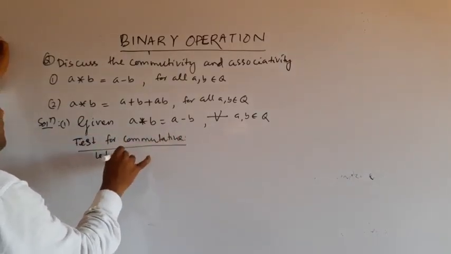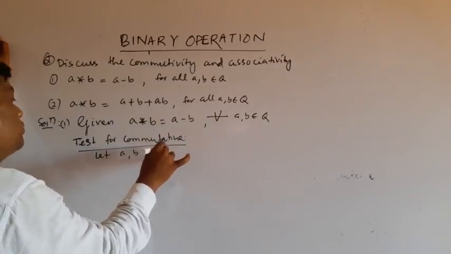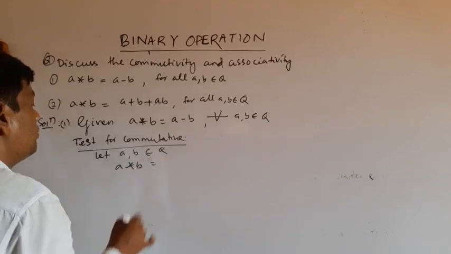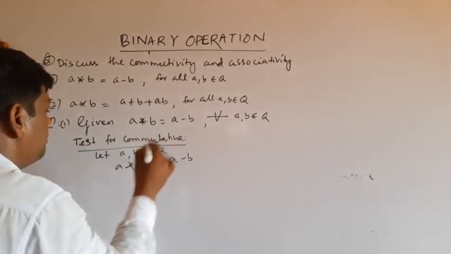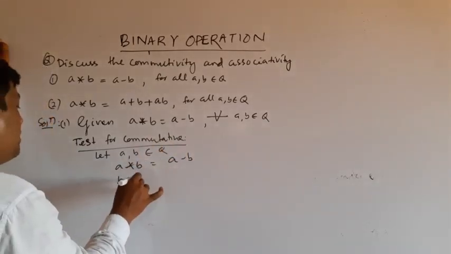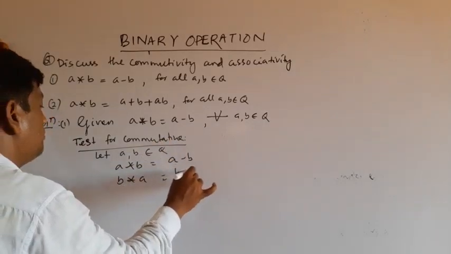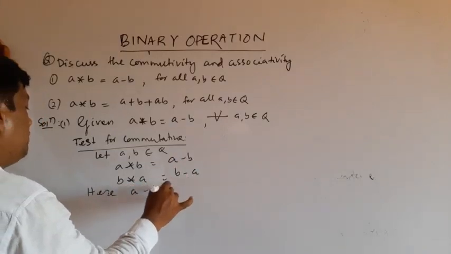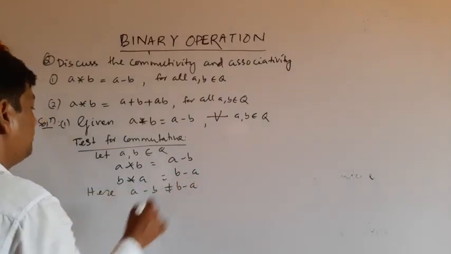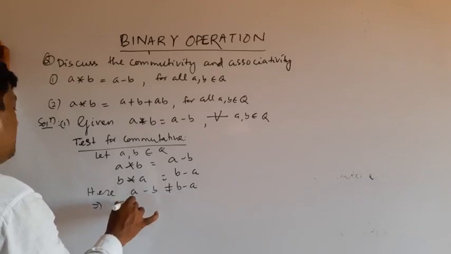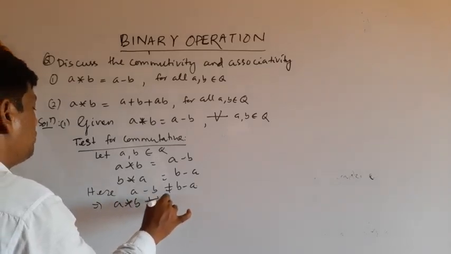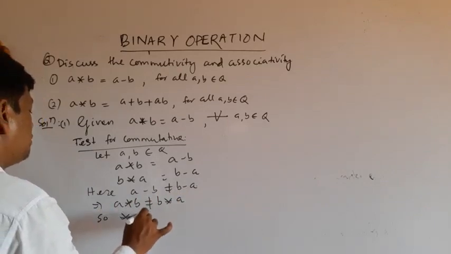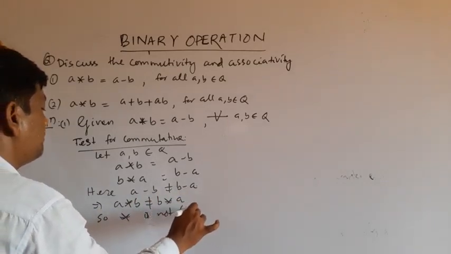Let a, b belong to Q, and given a star b is equal to a minus b, and b star a is equal to b minus a. Here a minus b is not equal to b minus a, that implies a star b is not equal to b star a, so star is not commutative.